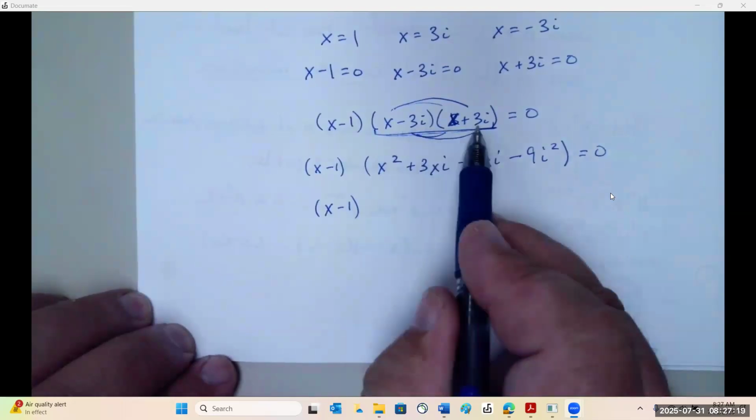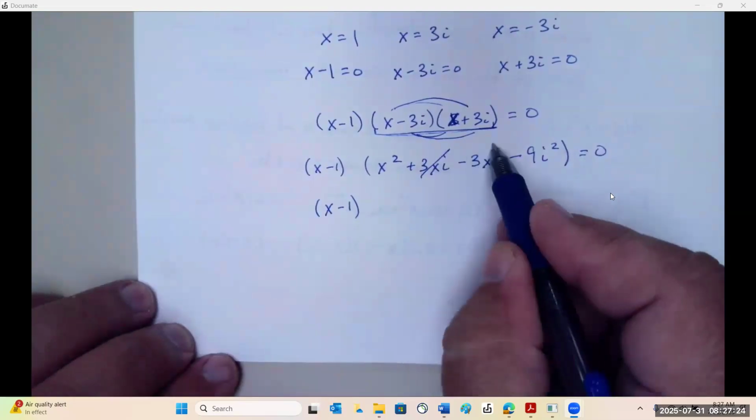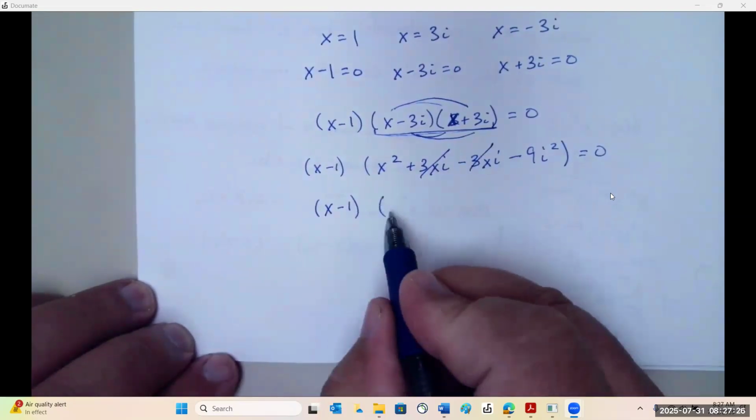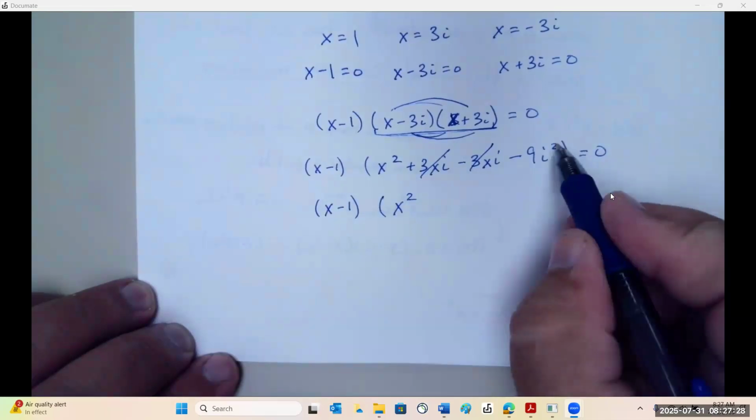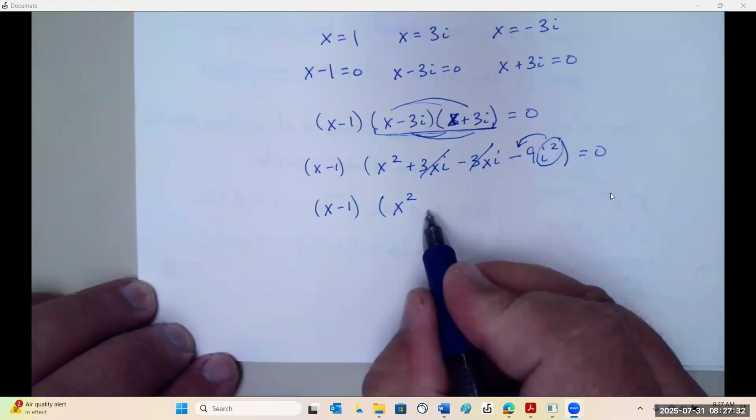Since I got rid of parentheses, first thing I do is combine like terms. The 3i and negative 3i cancel. And i squared changes the sign of the number in front of it.